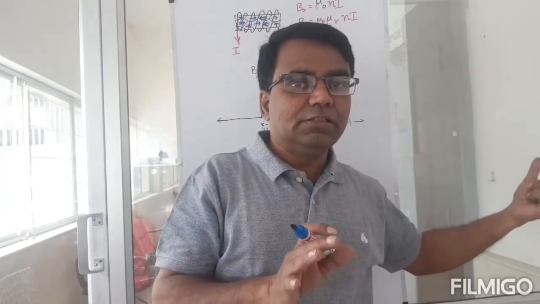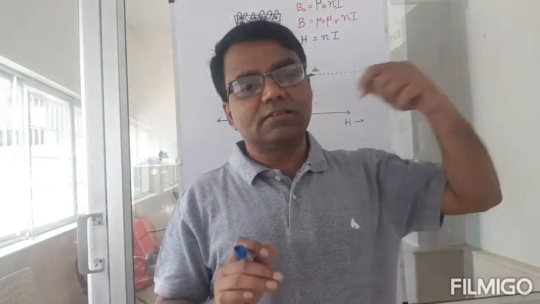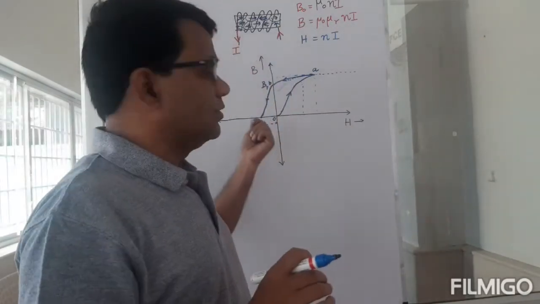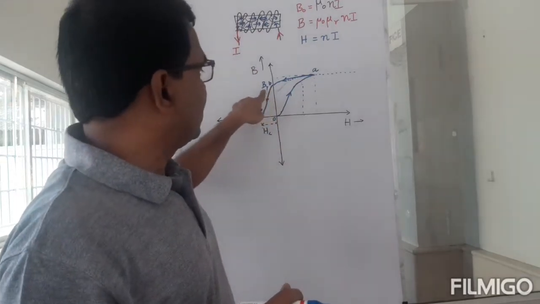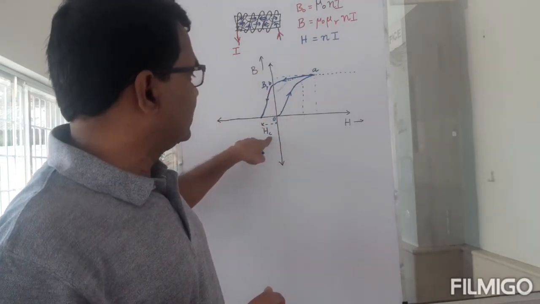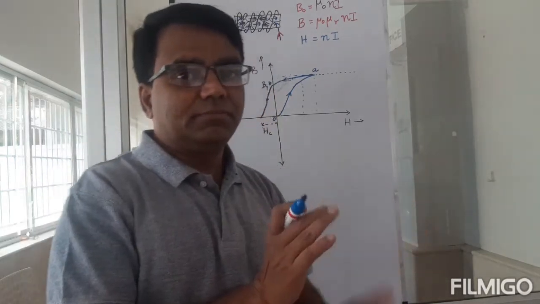So once you magnetize something, to bring it back to 0, you need to force it to bring it to 0. So you have to coerce it. Coercing means forcing somebody to do something. So you are coercing this to come back to 0. So this is called the coercivity. This is retentivity BR, and here you notice that this is coercivity. You are coercing this.